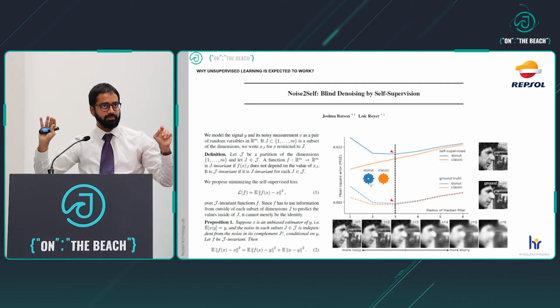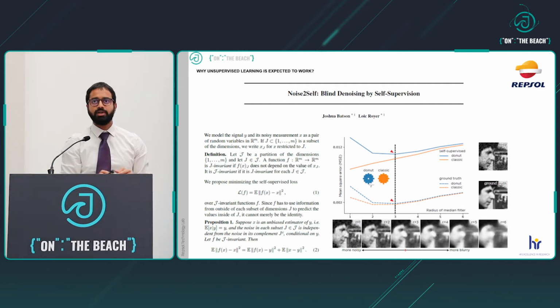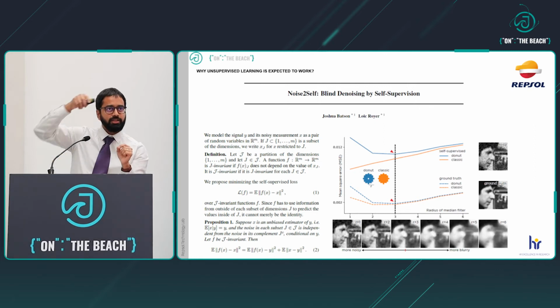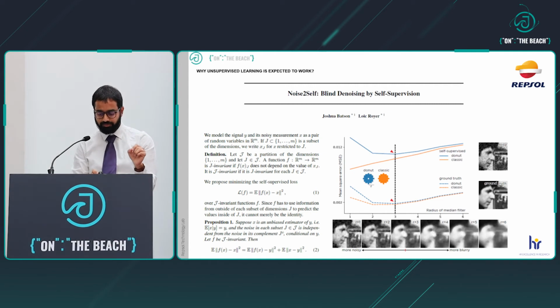That's a beautiful result. This is the working principle of why unsupervised learning works. They showed it with a wonderful example using a median filter. They removed the central dot, and if you see the blue lines, the nature in which they change, the optimum is the same. That's the key takeaway of this slide.